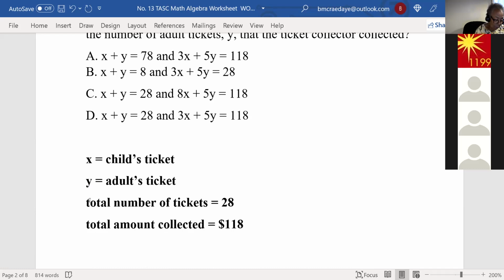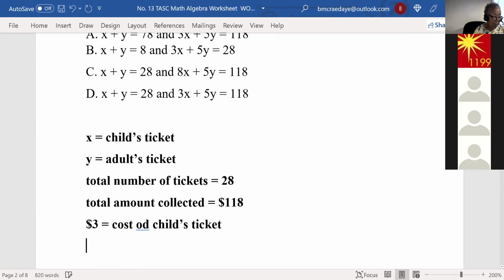Okay, so we have $3 equal cost of child's ticket. And the adult ticket was what, $5? So we have $5 equal cost of adults tickets.